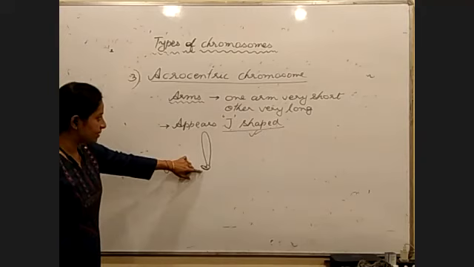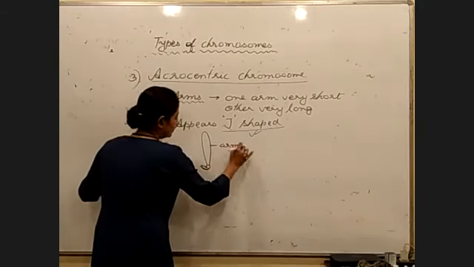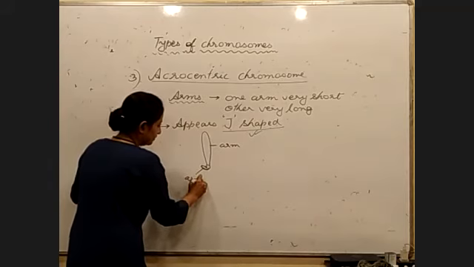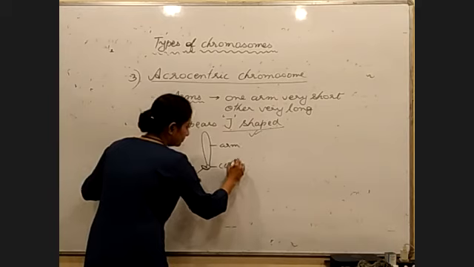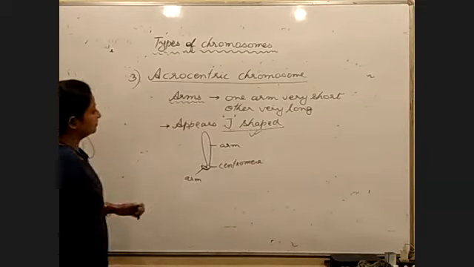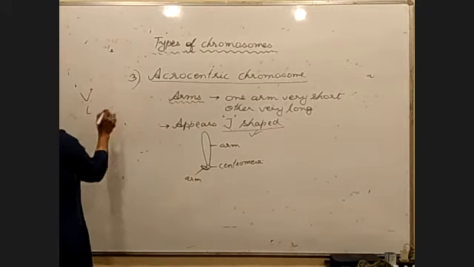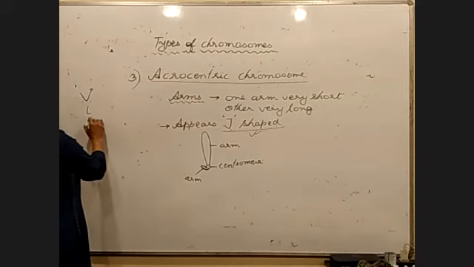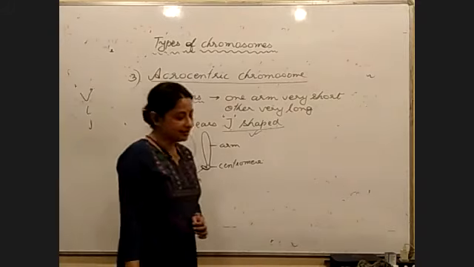Acrocentric is J-shaped, right? One arm is very small, and the other arm is very long. So first the V shape, then the L shape, and next we are talking about the J shape. Accordingly, the different names.